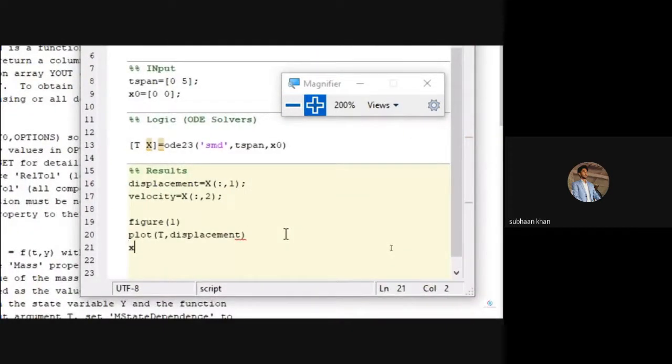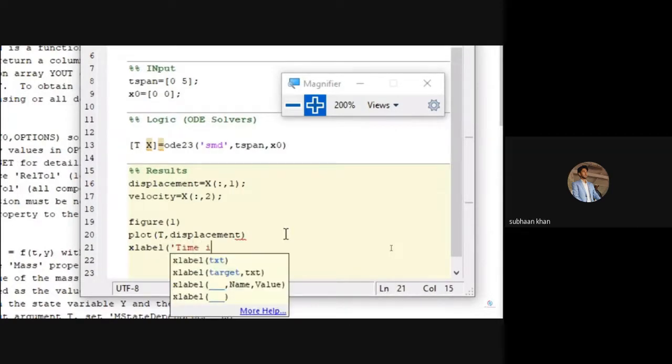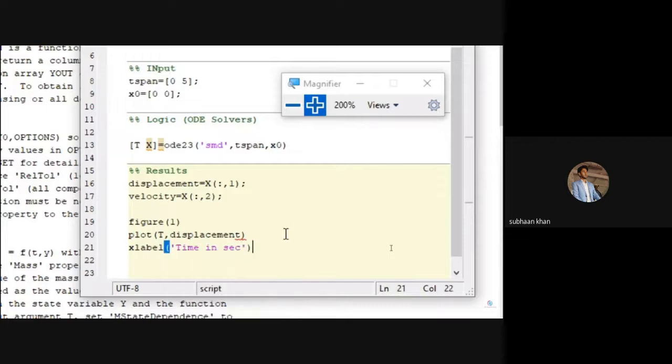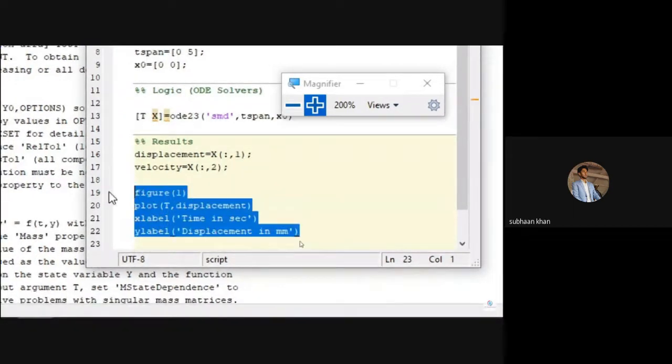I can give an X label, time in seconds, and Y label, displacement in mm, because of the K, M and C values we provided. That is in SI units, but if you are given some other units, you need to change it here. The same way I can now do it for velocity also.